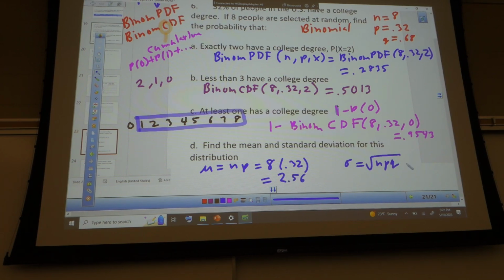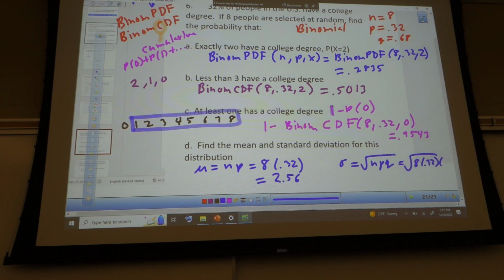And then this one is square root of 8 times 0.32 times 0.68. And you got, what'd you get for that? 1.28? 1.32? Who got, what'd you guys get? 1.32. I think last class got 1.32 as well. Just double check your numbers, it's okay.